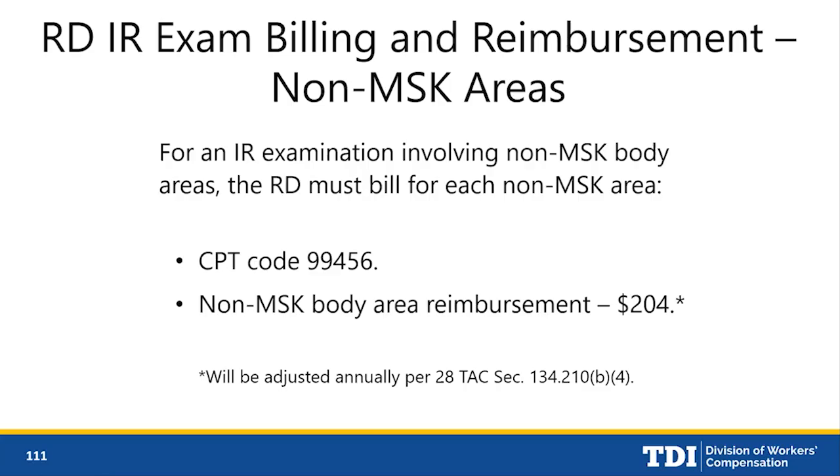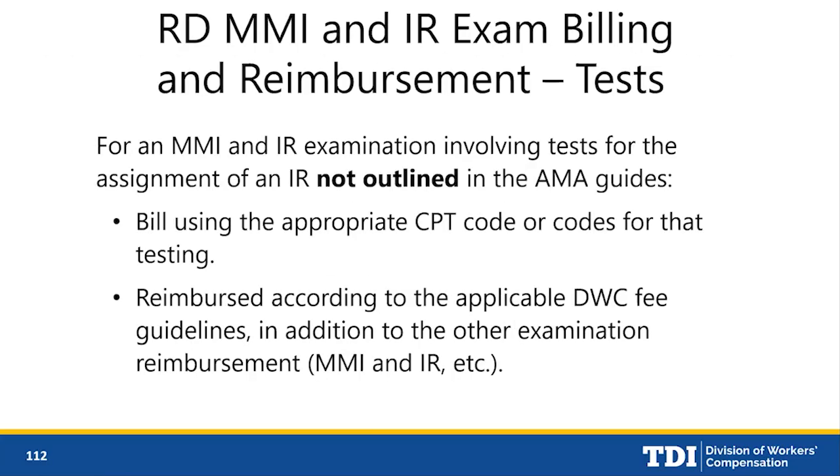So for each non-MSK area for the referred doctor doing the examination, there's no maximum number of units there, same as our other doctor roles. So you're going to be getting 100% of that $204 for each non-MSK area that you did the impairment rating evaluation on.